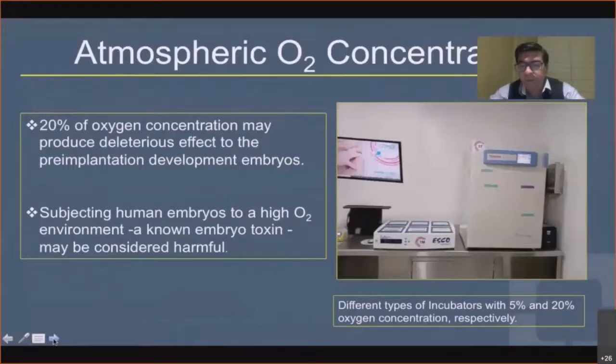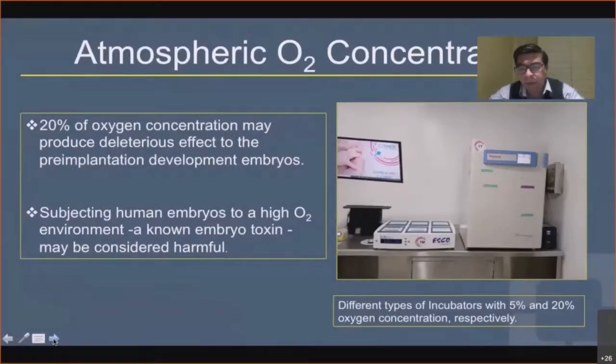About the atmospheric oxygen concentration, even though similar embryo development and pregnancy rates can be obtained after embryo exposure to 20% oxygen compared to 5% oxygen, it's clear that exposure to 20% oxygen produces higher levels of oxidative stress in the culture media compared to 5% oxygen.